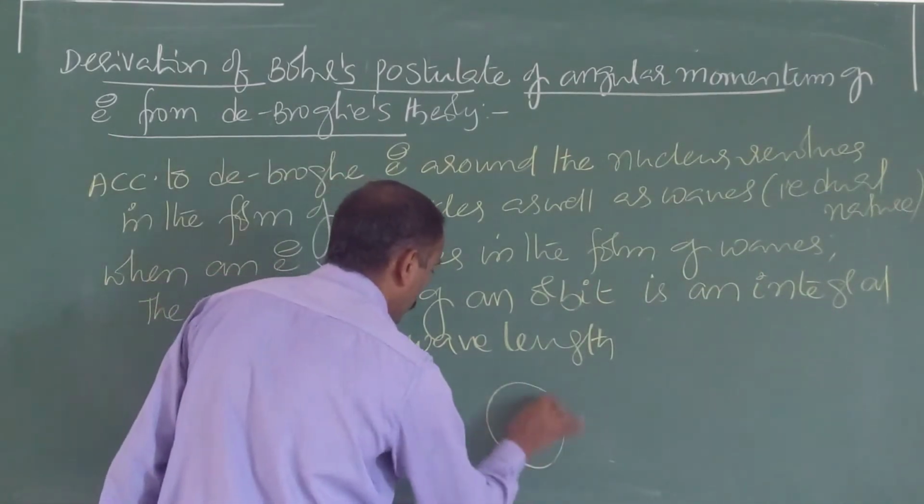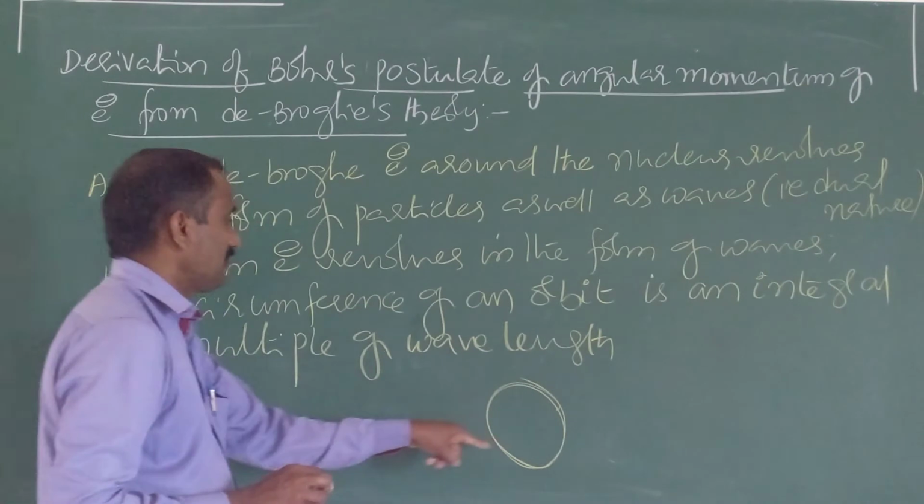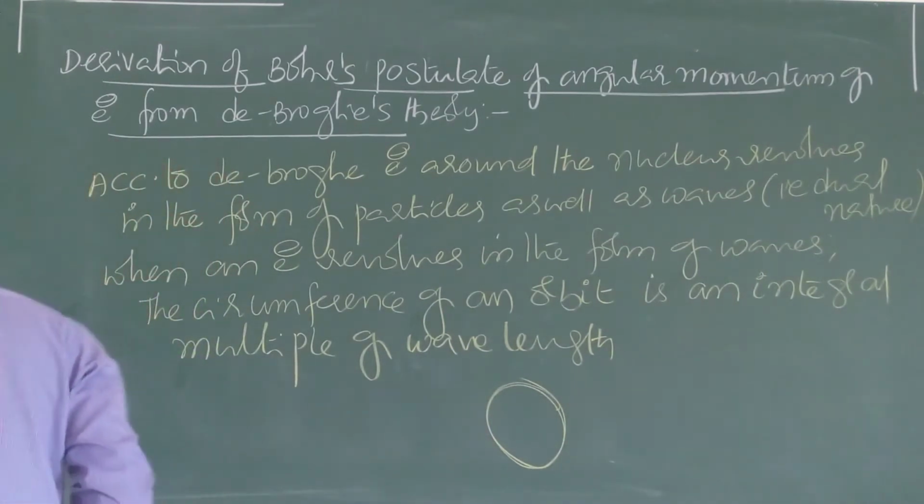Orbit is nothing but a circular path. For a circle, the circumference is 2 pi r.